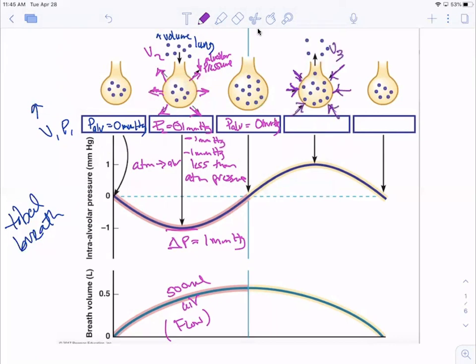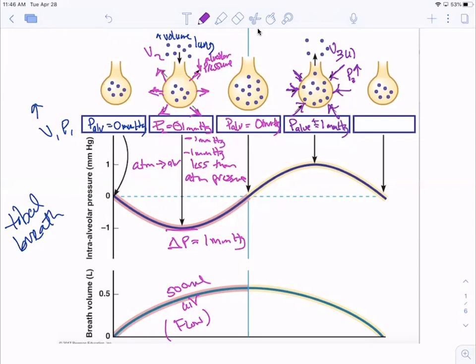So now you have a new volume, which is essentially the volume you started with. And that will actually drive the pressure up, because now you're constricting and pushing those molecules closer together. That increases the pressure, and you're going to end up with an alveolar pressure that is actually greater. So that's a +1, greater than atmospheric pressure.